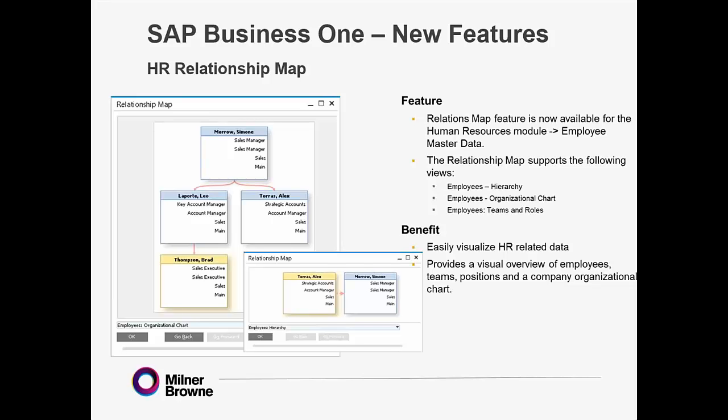With the new relationship map feature for HR, you can now look at your employees in terms of the hierarchy, in terms of the organisational chart, and in terms of their teams and roles. So you'll be able to get a lot more visual information about the employees in your system.